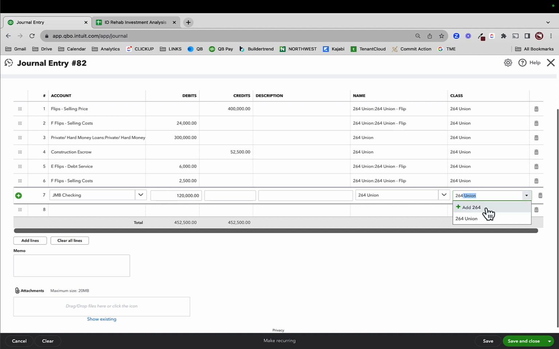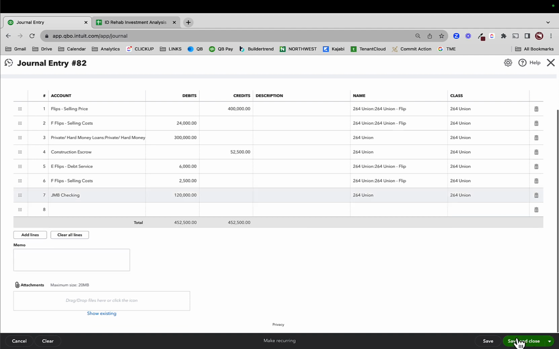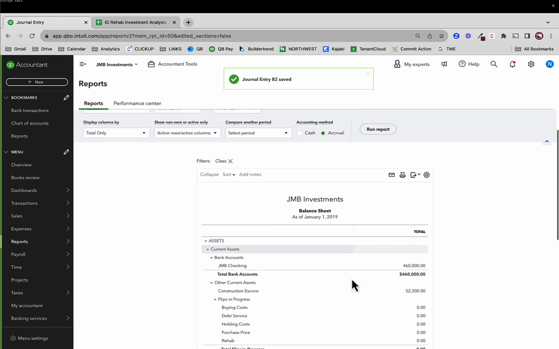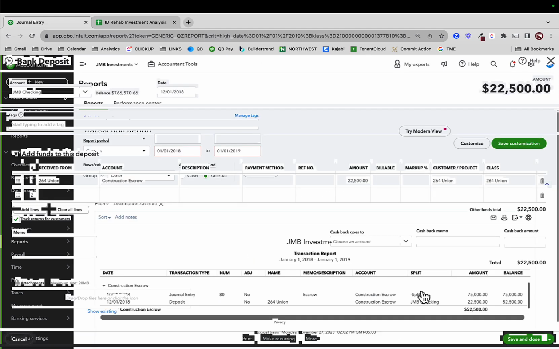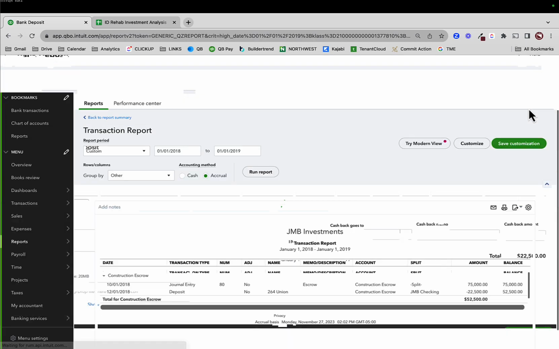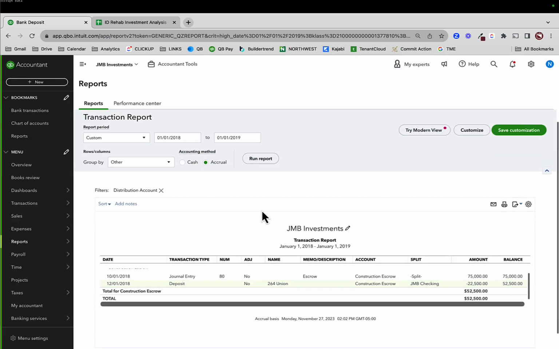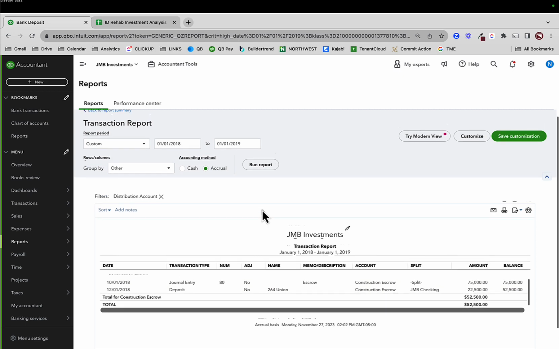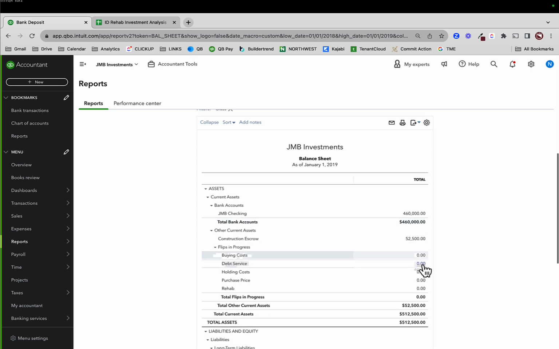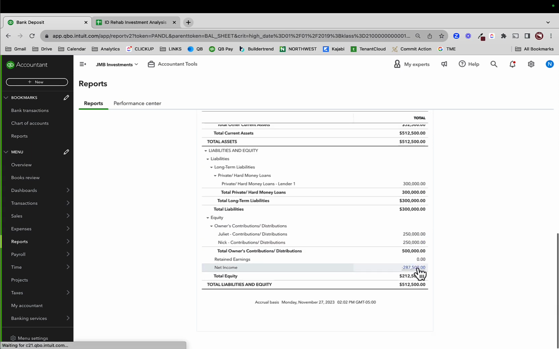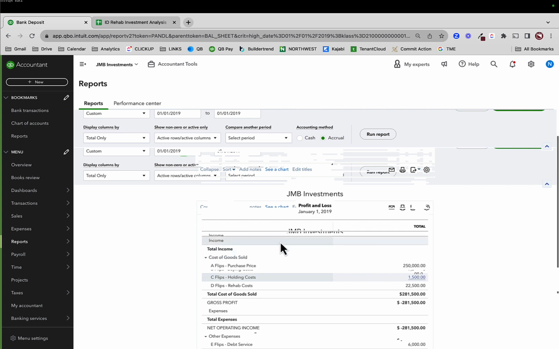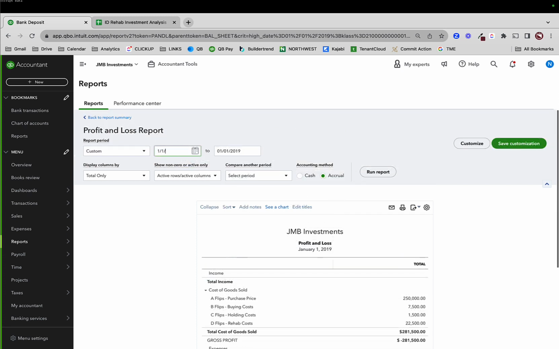And then when I round this out, we'll save and close. Just looking at this, 75,000. My construction escrow somehow didn't go, but I'll handle that in a second. Oh, because it's 1/1/2000.